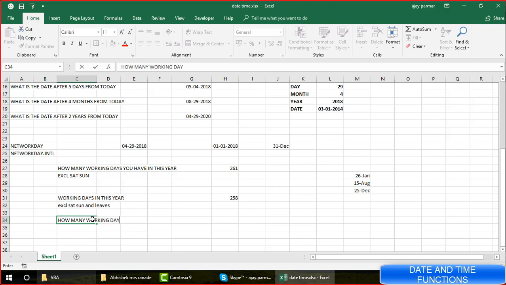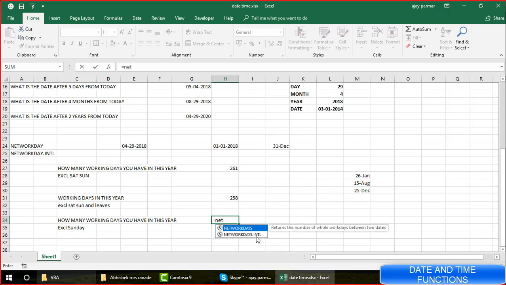how many working days you have in this year, excluding Sunday. That's it. Or any day. NETWORKDAYS.INTL, let's use the international one. Start date, end date, and there we go, weekend.